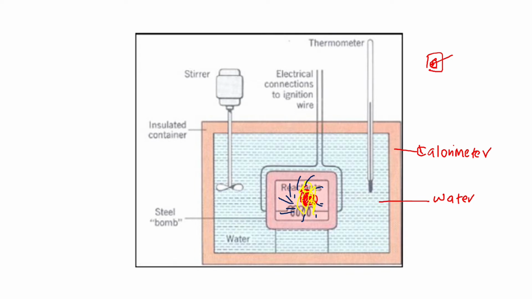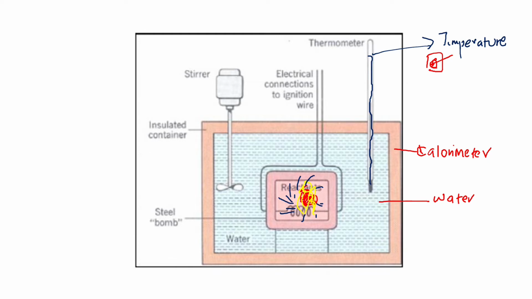However, by applying the principle that heat released equals heat absorbed, all this heat released will be absorbed by the water and by the calorimeter. The temperature will increase, so we will take the reading of the temperature.